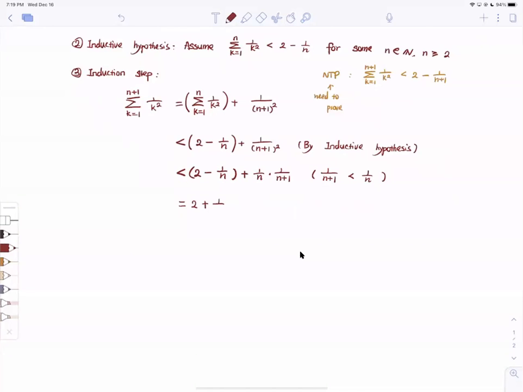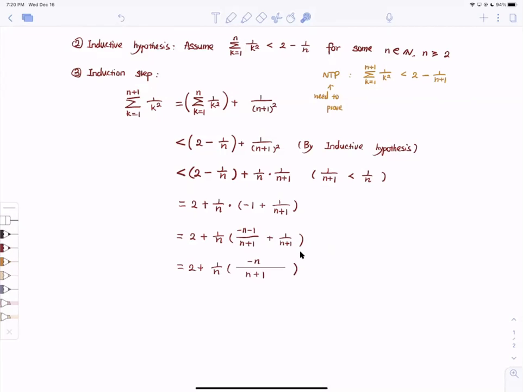So 1 over n times minus 1 plus 1 over n plus 1. This equals 2 plus 1 over n times, and minus 1 can be written as minus n minus 1 over n, plus 1 over n plus 1. So that's 2 plus 1 over n times the quantity n plus 1 minus n minus 1 plus 1, so that's minus n.